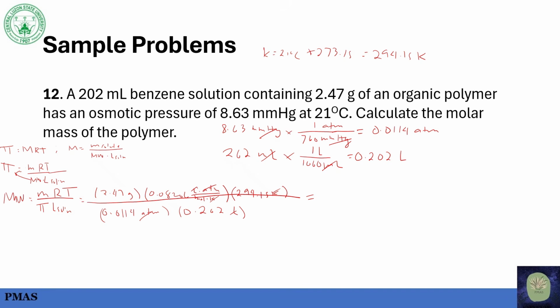So now you can pause to solve it in your calculators. So this is 25,890 grams per mole. So don't worry if this seems too large for a molecular weight, because it is an organic polymer. Okay?